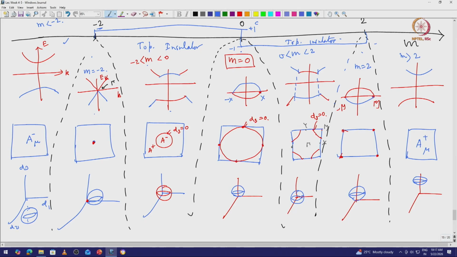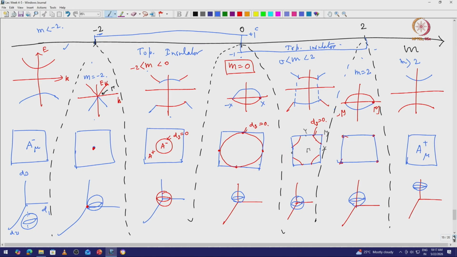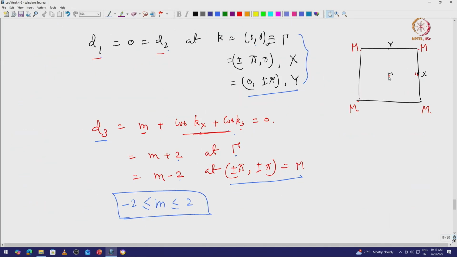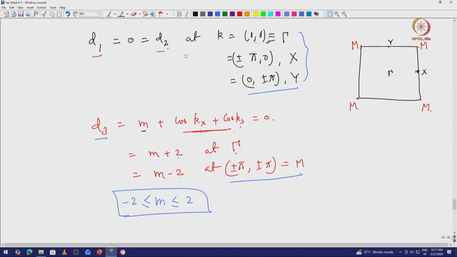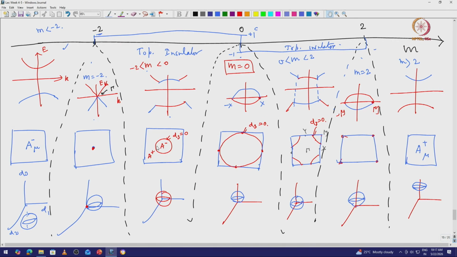So, now the calculations. We already identified that all the action is happening either at this point or this point or this point, right? All these isometry points. So, this is where we can identify if they are going to 0, and one more point where the band inversion is happening. So, band inversion might be happening around the gamma point in this region.